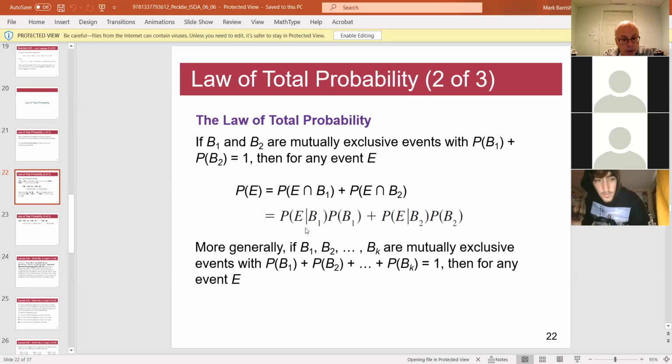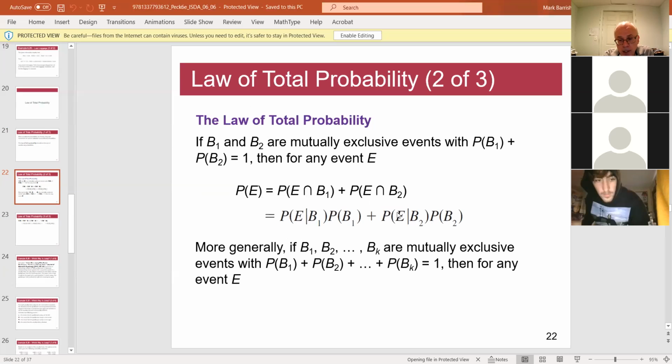Now what they're doing here, and this is a little complicated, is that they're replacing this with the multiplication rule, right? They're saying probability of E is equal to this probability, E and B1, which is equal to E given B1 times the probability of B1 plus E given B2 times probability of B2, all right?